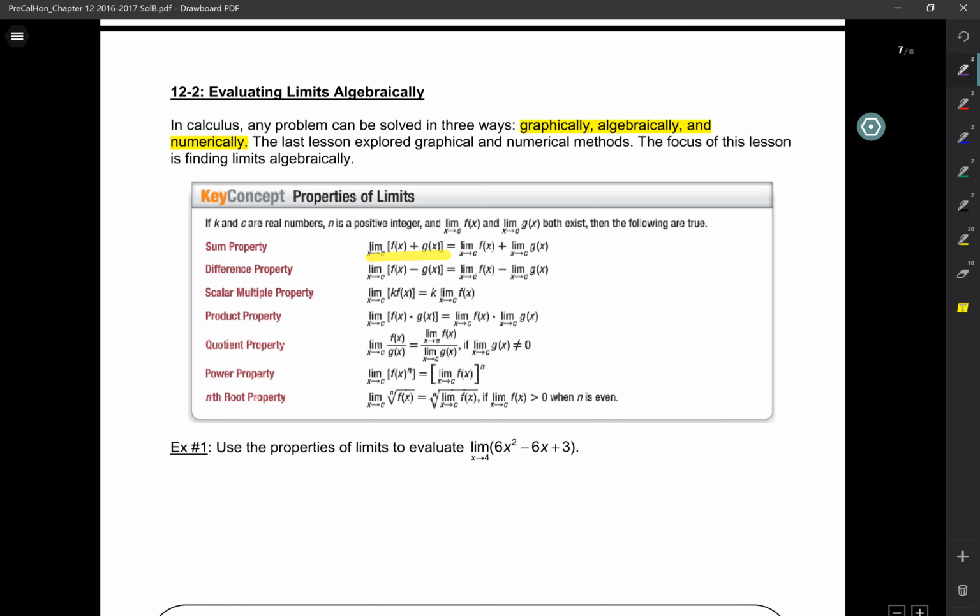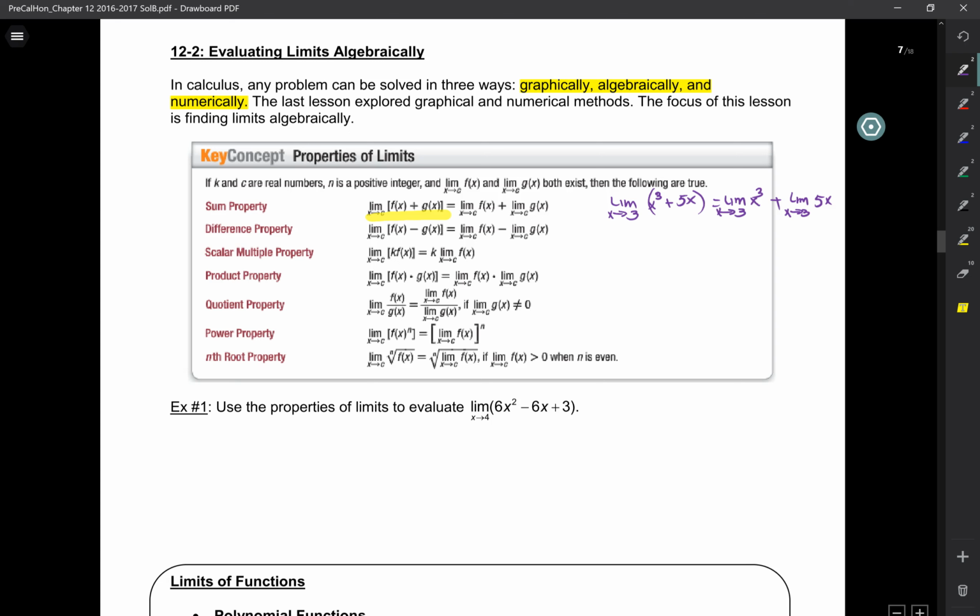For example, if you want to find the limit as x approaches 3 of x cubed plus 5x, you can find the limit as x approaches 3 of x cubed, and then the limit as x approaches 3 of 5x independently of one another, and then just add them to each other. That's pretty much all that means.